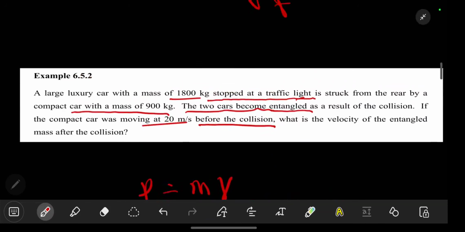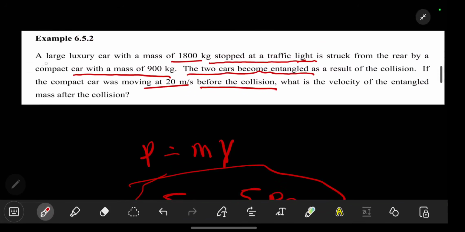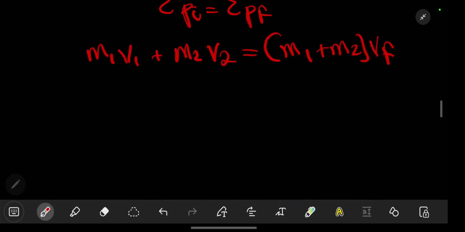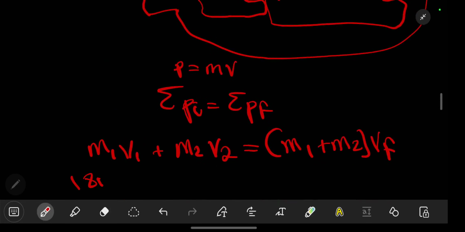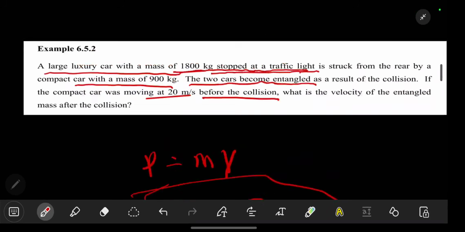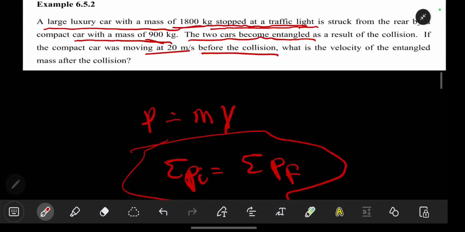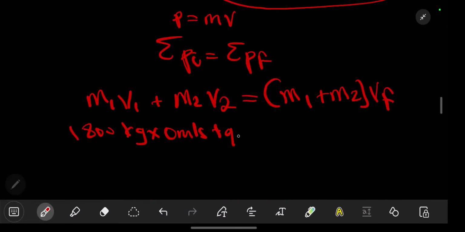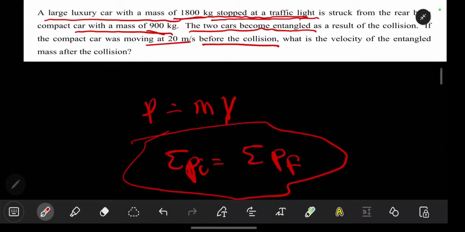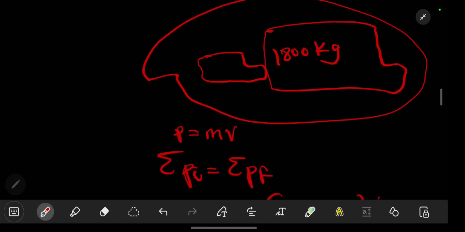Our m1 is a luxury car of 1800 kg stopped at a traffic light, meaning it wasn't moving. So m1 is 1800 kg times 0 meters per second, plus m2 is 900 kg times 20 meters per second.